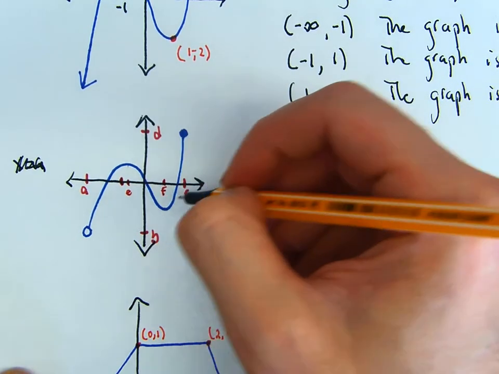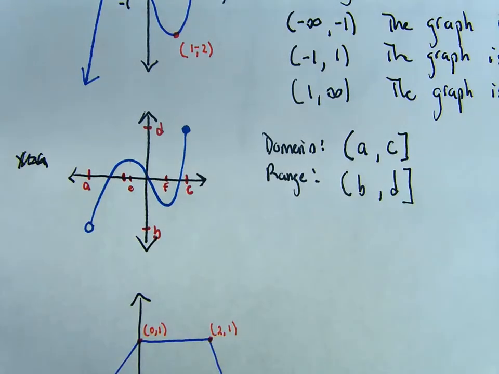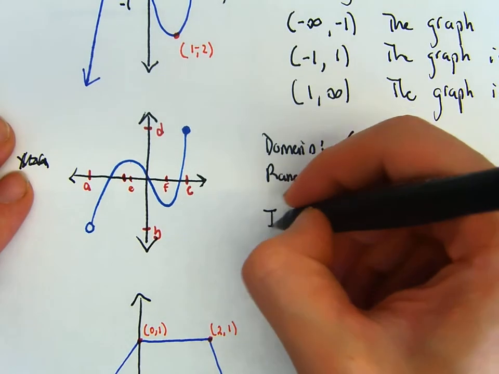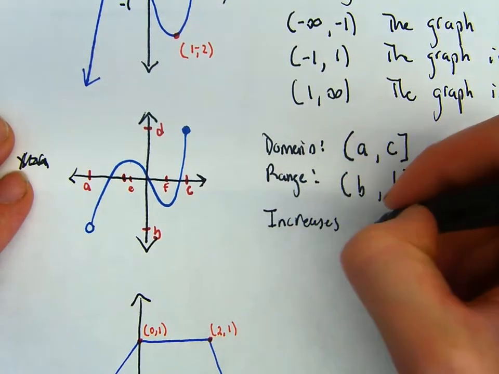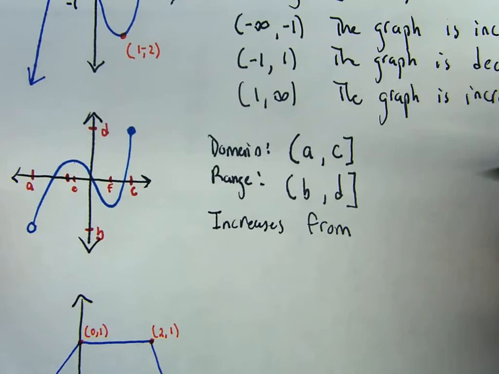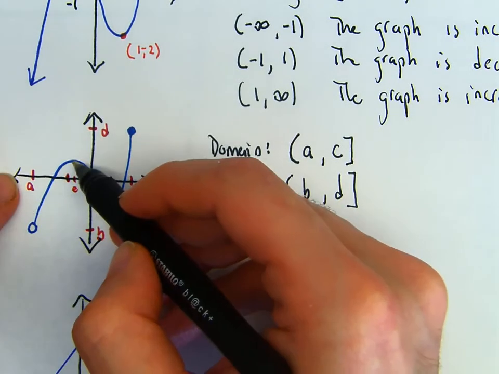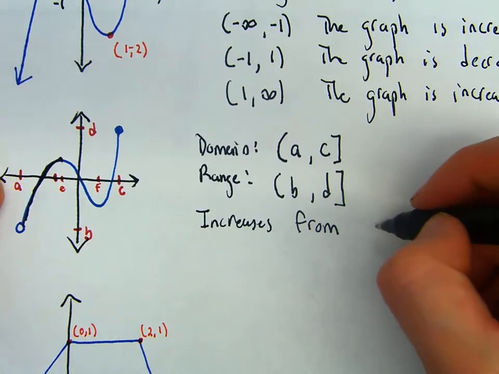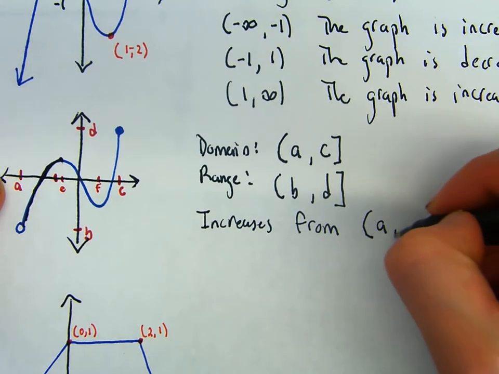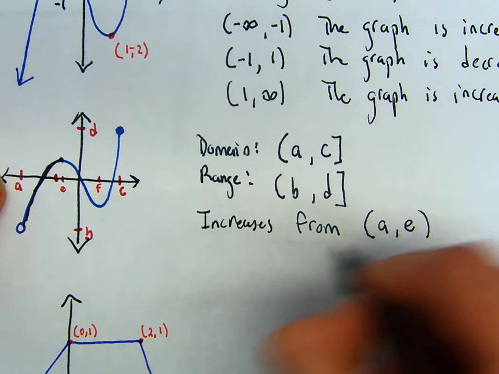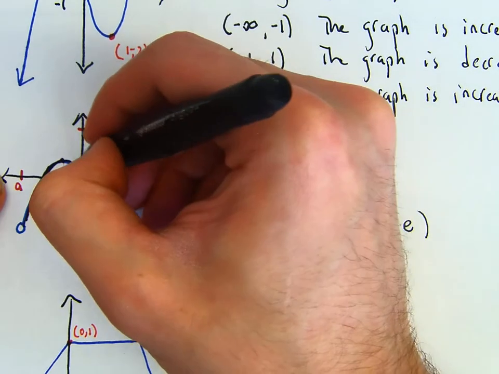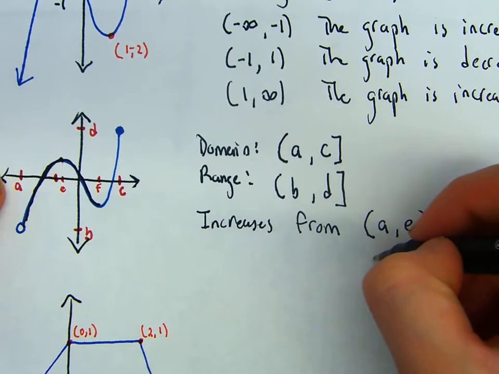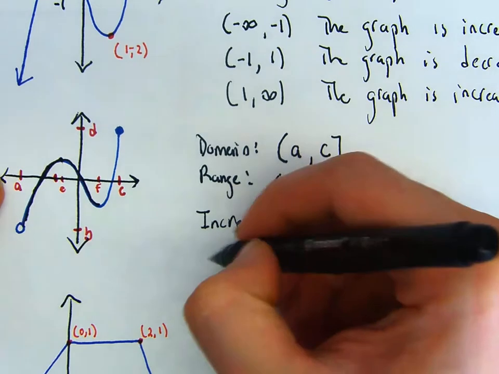Because now we could actually describe the idea of when it's increasing and decreasing. So notice that it increases from, let's say, A to E, right? From here to this part over here, from A to E, the graph is increasing. From E to F, the graph is decreasing.